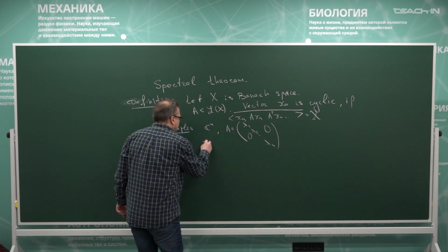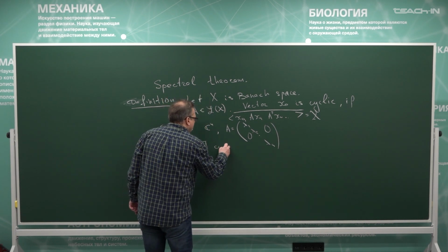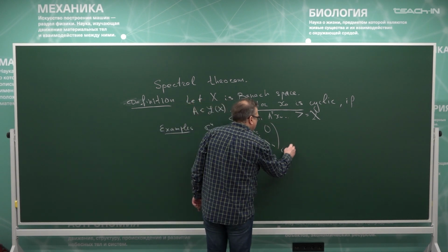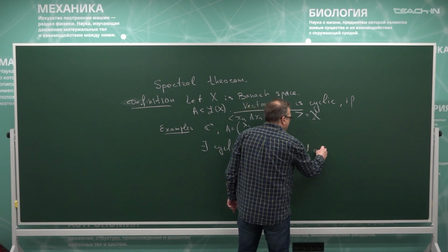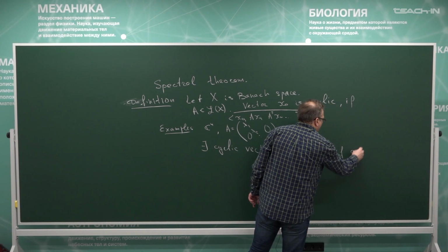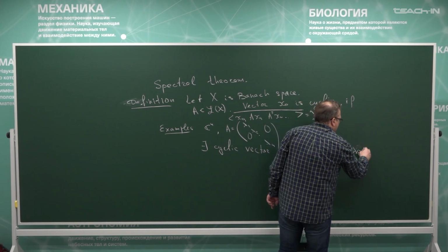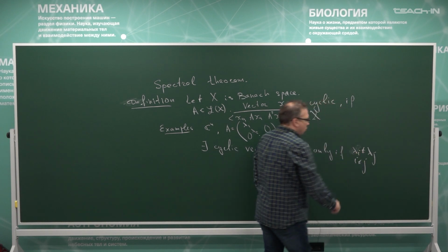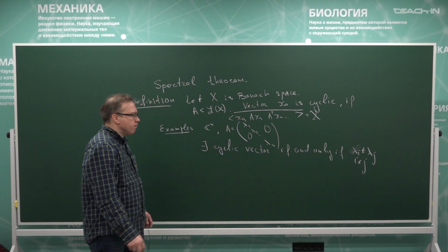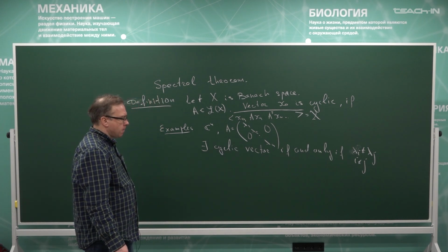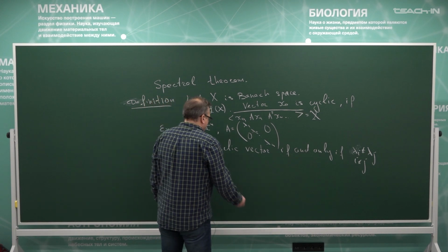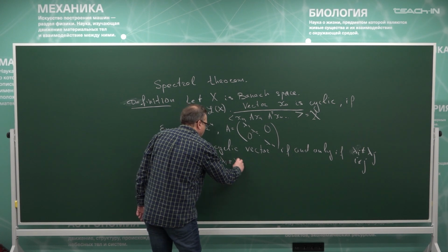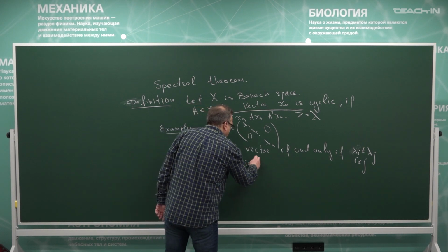So there exists a cyclic vector if and only if lambda_i does not coincide with lambda_j, if i is not equal to j. Why? First situation: let lambda_i be not equal to lambda_j.